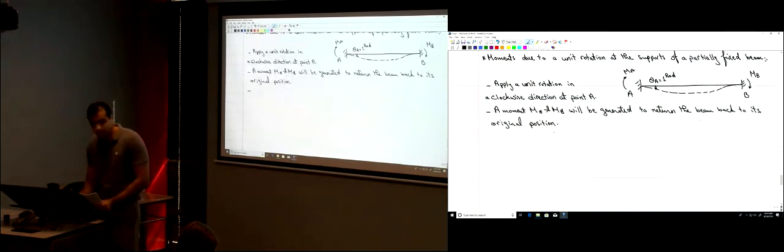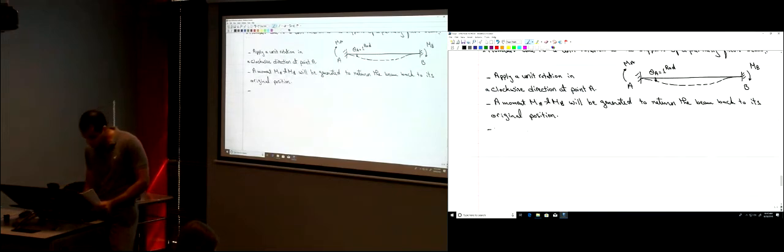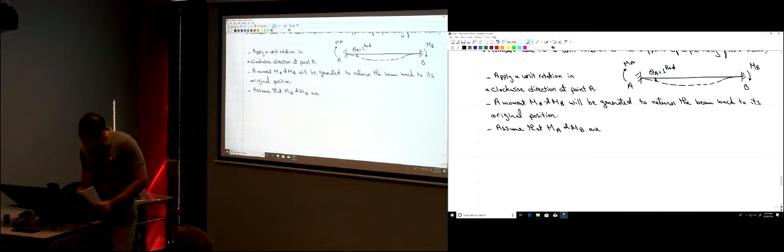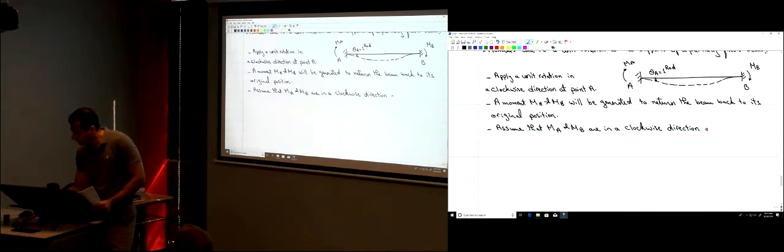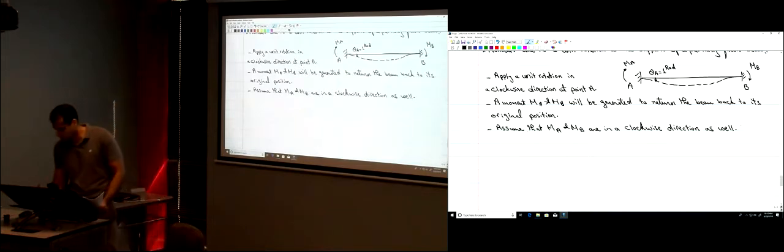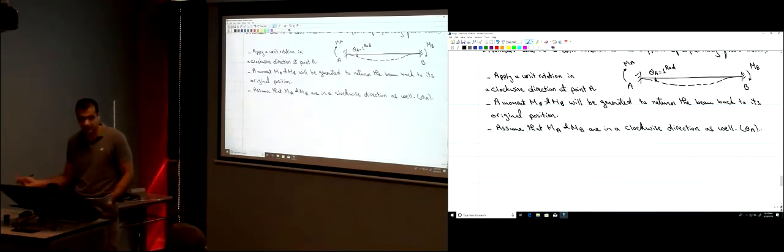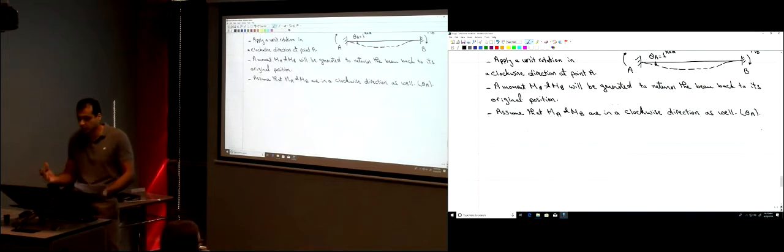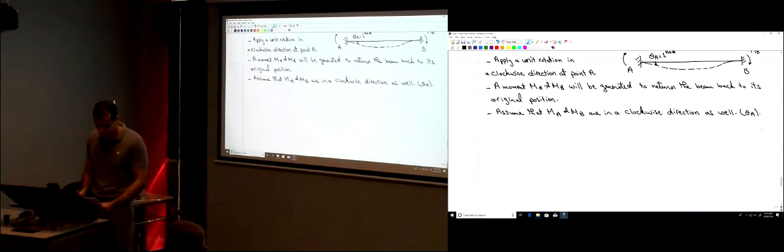We're going to assume that MA and MB are in a clockwise direction as well. What do I mean by as well? As theta A. They have the same direction as theta A. Theta A is clockwise. I'm assuming they are clockwise exactly as theta A.